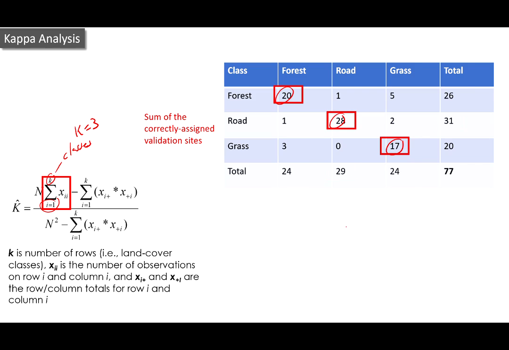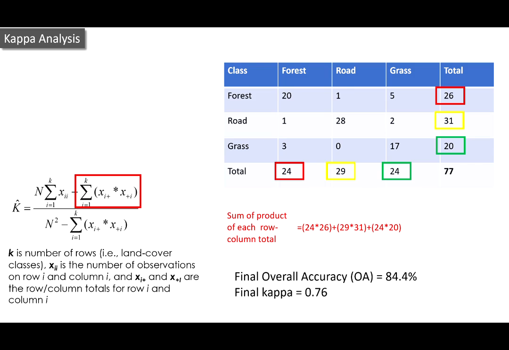The next term is going to be our chance term. We don't need to dig into the reasons for why this is a chance agreement term, but from a pragmatic standpoint, all we're doing here is multiplying the column totals and the row totals. Over here, you've got the row totals times the corresponding column total, and then you're summing all of those products.